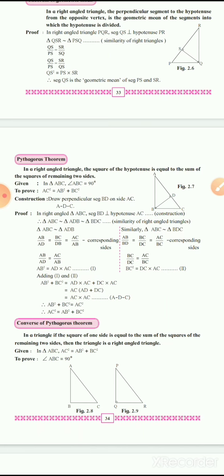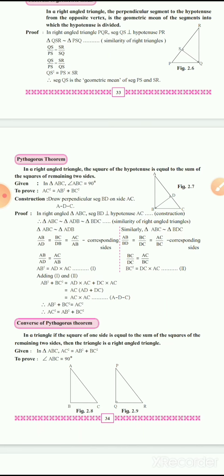Then to prove means the second part of the theorem: the square of the hypotenuse is equal to the sum of the squares of the remaining two sides.